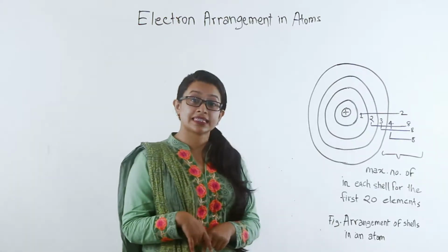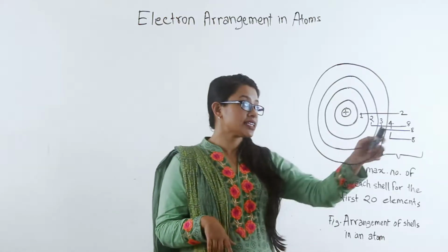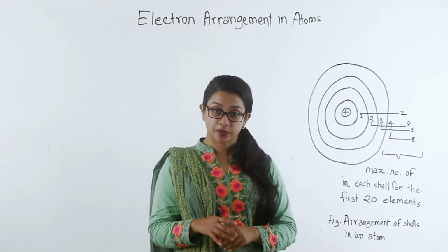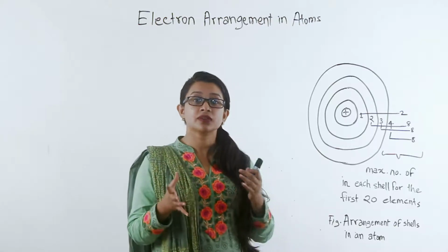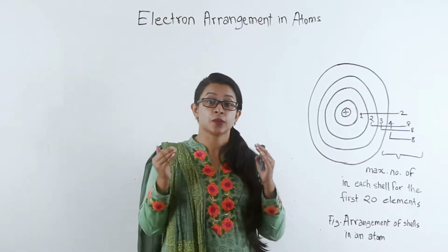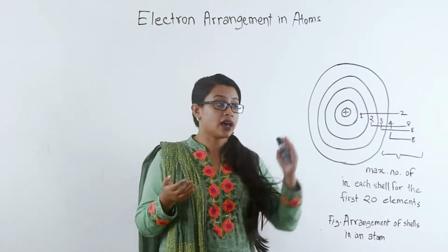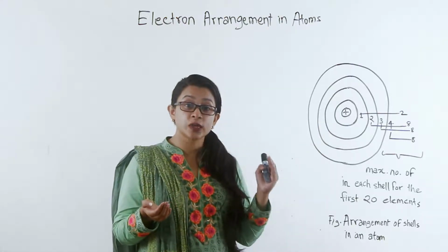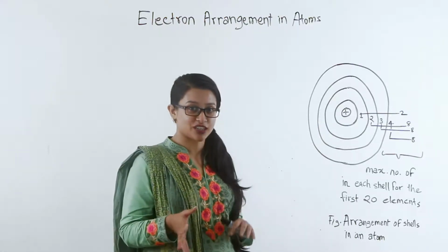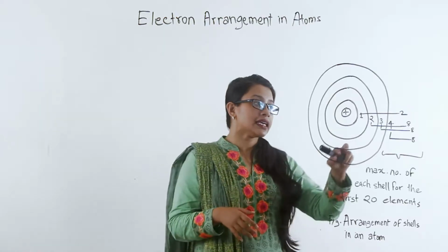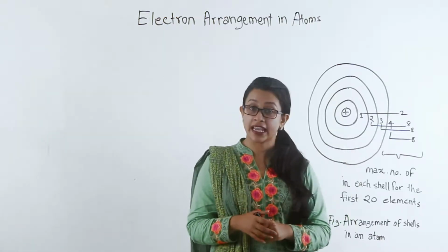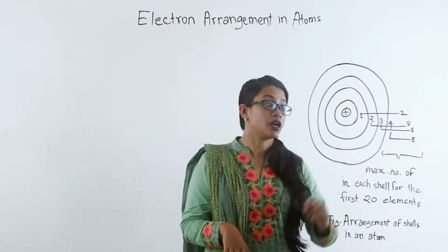Then comes the second shell, and therein it can fit 8 electrons. That is the maximum capacity of that particular shell up to the first 20 elements in the periodic table. And then in the third, you have another 8. And then in the fourth, you have another 8.